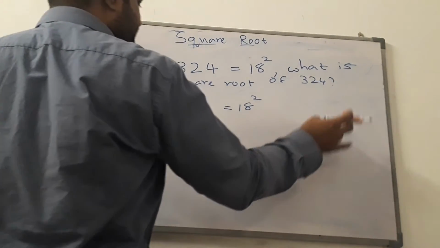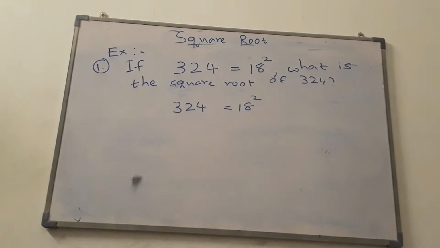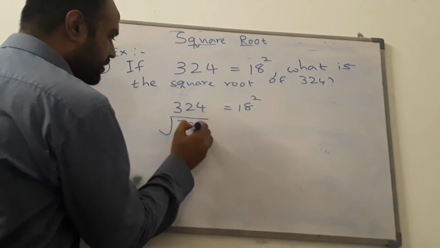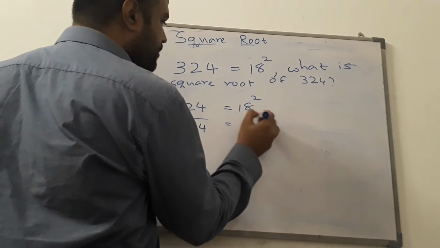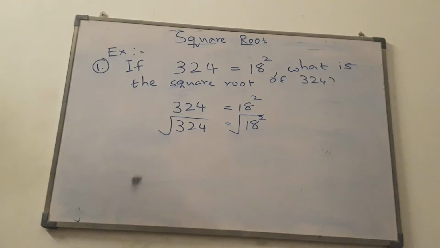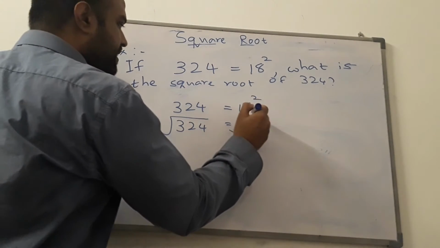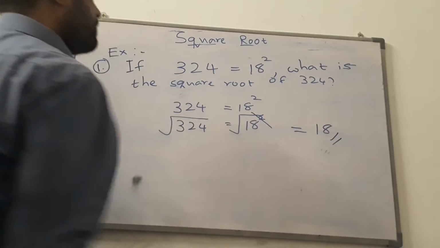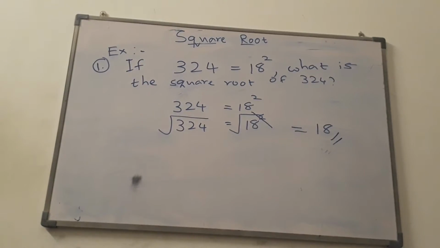Even if we check 18 times 18, we get this answer. So, square root of 324 means square root of 18 squared. So, square and root get cancelled. Answer is 18.